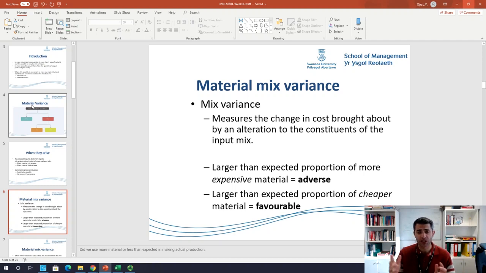For example, if you compare chocolate with nuts, if we put more chocolate than nuts, it might be favorable because nuts are more expensive than chocolate, for instance.